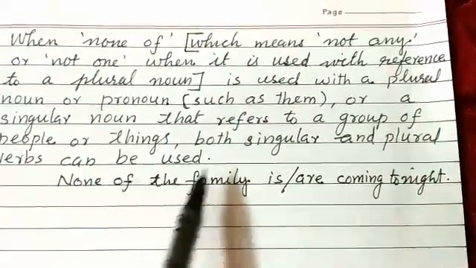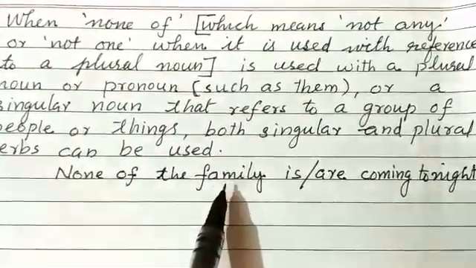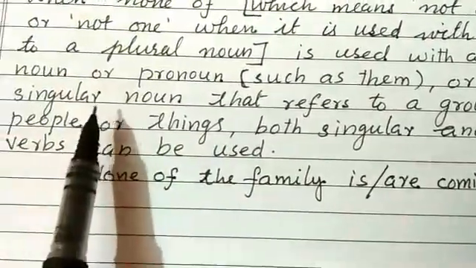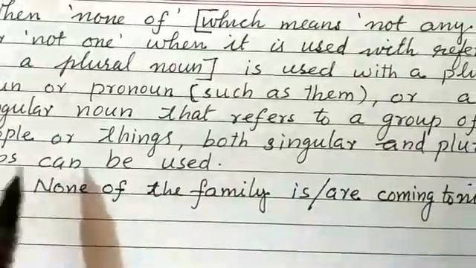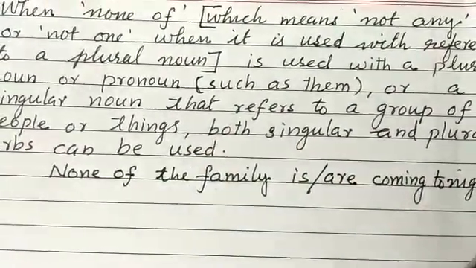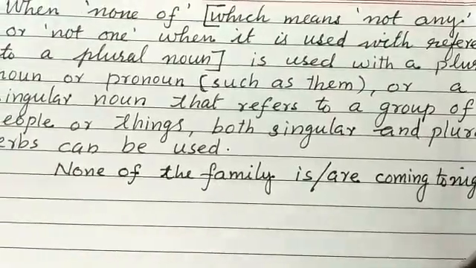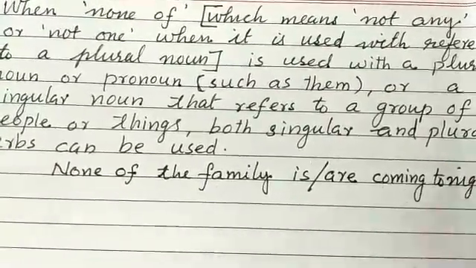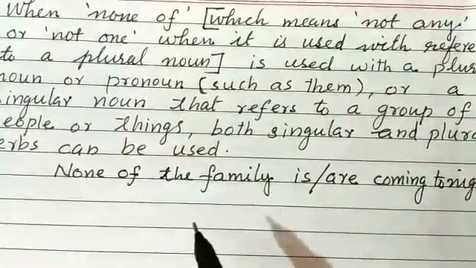So here, family, when we say family, it can be followed by a singular verb also, because it refers to a group of people or things, but we have taken it as one whole, so a singular verb can follow.